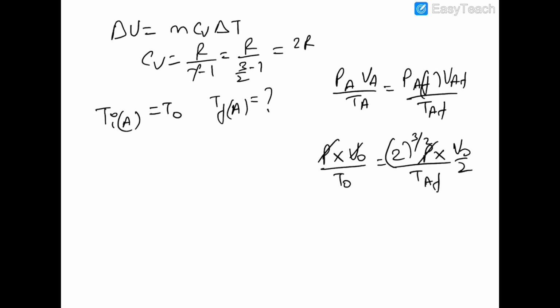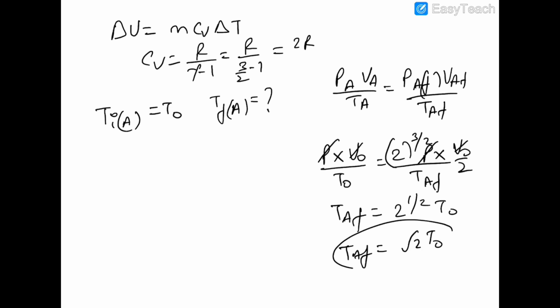Cancelling this out, TA final will be equal to 2 to the power 1 by 2 into T naught, which is root 2 T naught.